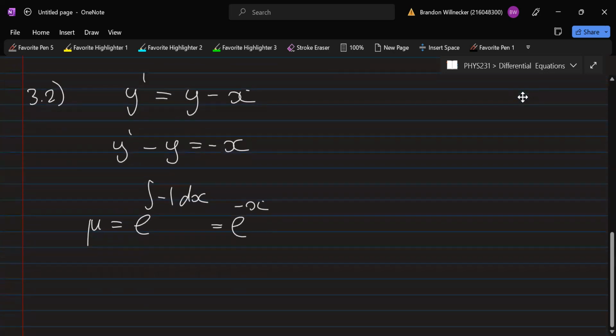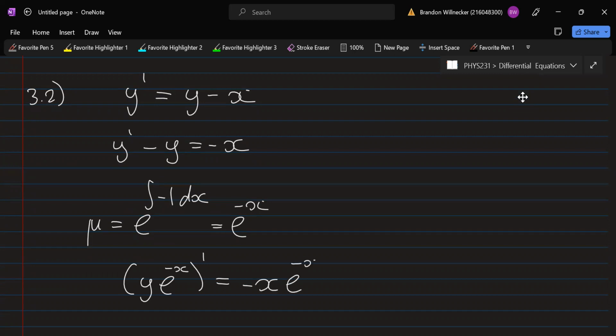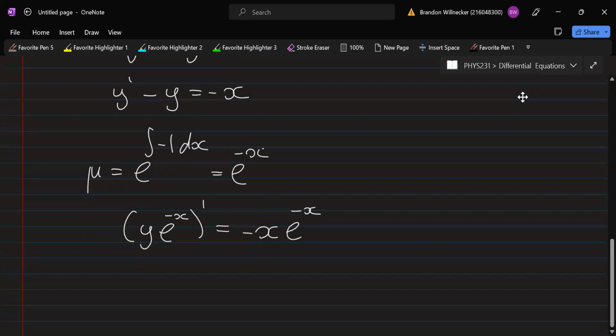We can rewrite the equation as y times e to the minus x prime is equal to minus x times e to the minus x. And again, we can integrate both sides to get rid of that prime there.